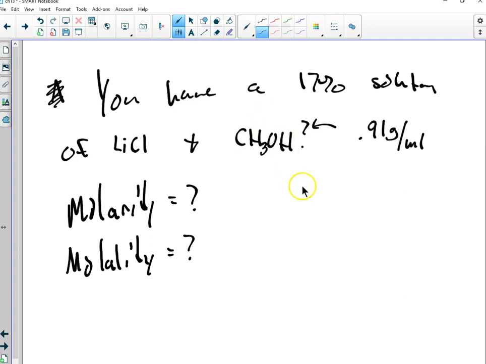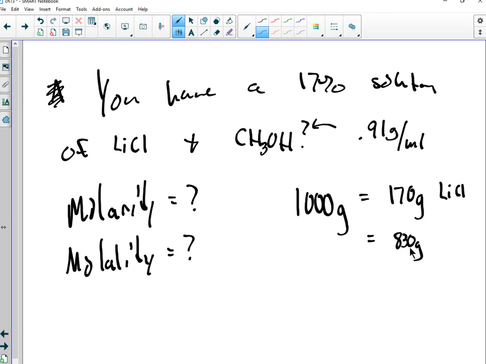If I have 17 percent and I have 1,000 grams of this, 170 grams of it are what? All right, that's my LiCl. Then 830 of them are what? Are methanol, CH3OH.